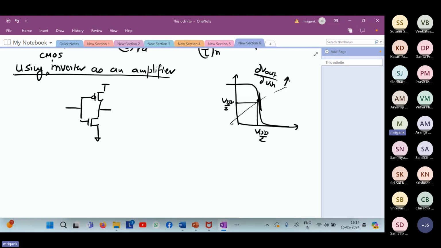But how will you make it work as an amplifier? We'll connect V in and V out. Then it will work as an amplifier.